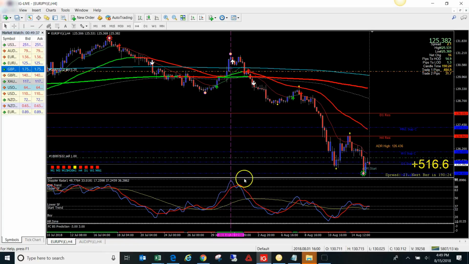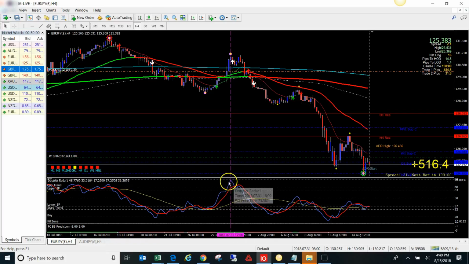This Doppler is kind of a tweaked version of the TDI, and it's very powerful. Your main thing that you're looking for on this indicator down here is, like I said, this RSI price line, which is the blue one.